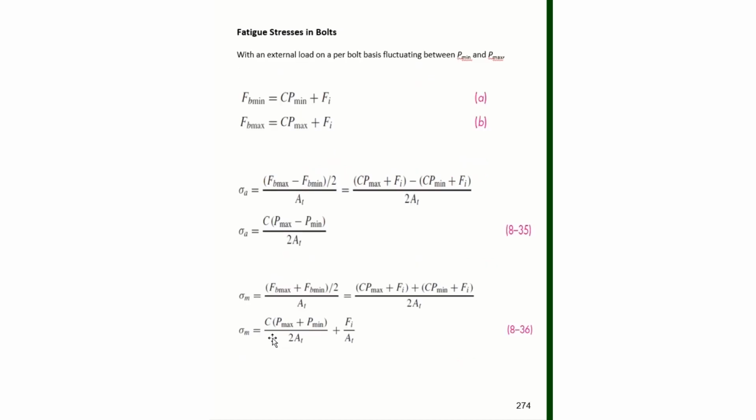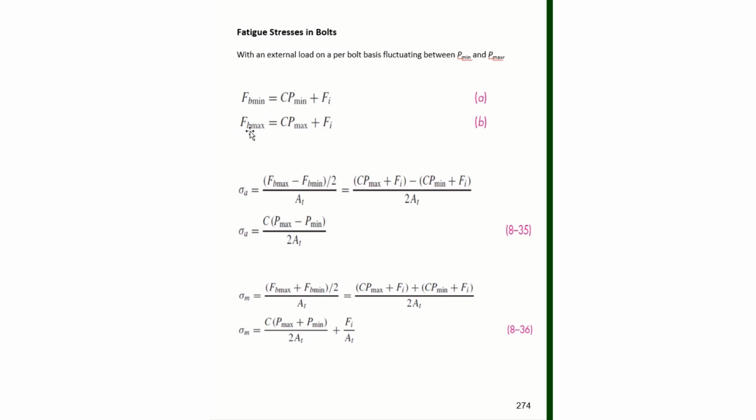In fatigue, we look at alternating and mean stresses. If we have an external load on a bolt that fluctuates between a minimum load and a maximum load, we can compute an alternating load and a mean load. So the force on the bolt minimum would be C times P min plus Fi, where P min is the minimum applied load.